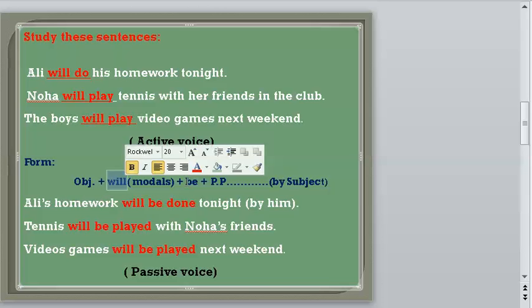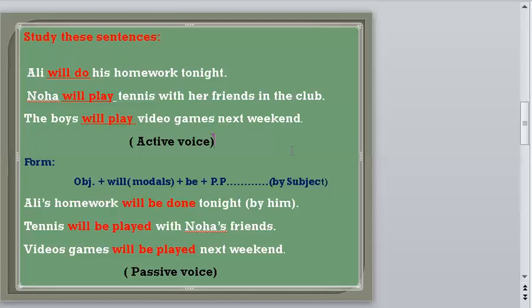Let's change the sentences into their passive voice. The first one, we said Ali will do his homework tonight. How can we change it? We start with the object, which is his homework. We're not going to say his, we'll say Ali's homework will be done tonight.